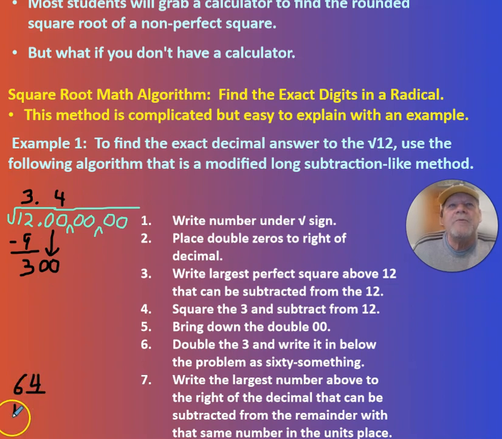Then I take this 64 and I multiply it by the 4 that I wrote up there. Ends up being 16, carry the 1, 256. So I take my 256 and I write it up here. Then I subtract it. Ends up being 44.